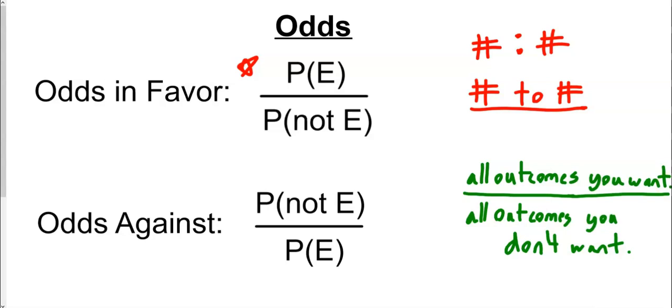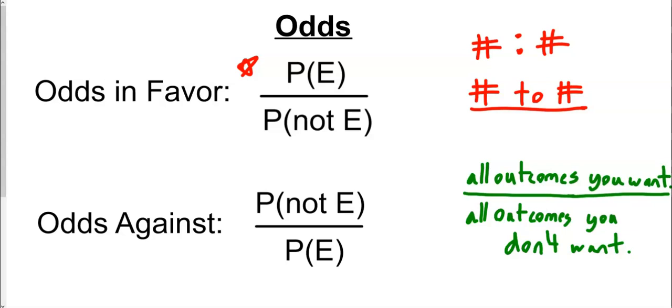On top are all the outcomes you want. So like say we're rolling a die, and the only way I win is by rolling a 2. Well, how many outcomes do I want? There's only one. It's 2. So on top is the number 1. How many outcomes do I not want? Well, I want to make sure that none of the other numbers pop up. So I lose if a 1 pops up. I lose if the 3 pops up.